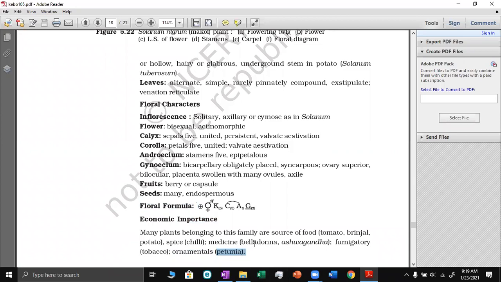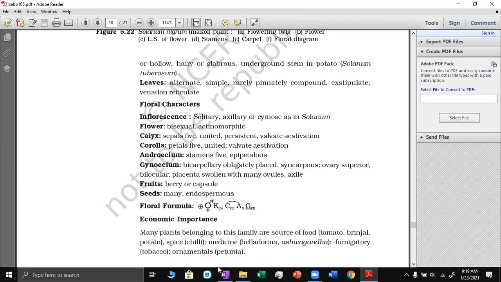Under Solanaceae, plants like tomato, brinjal, potato, chilies, all types of chili; medicinal plants are belladonna and ashwagandha; then tobacco, Nicotiana, belongs to this.